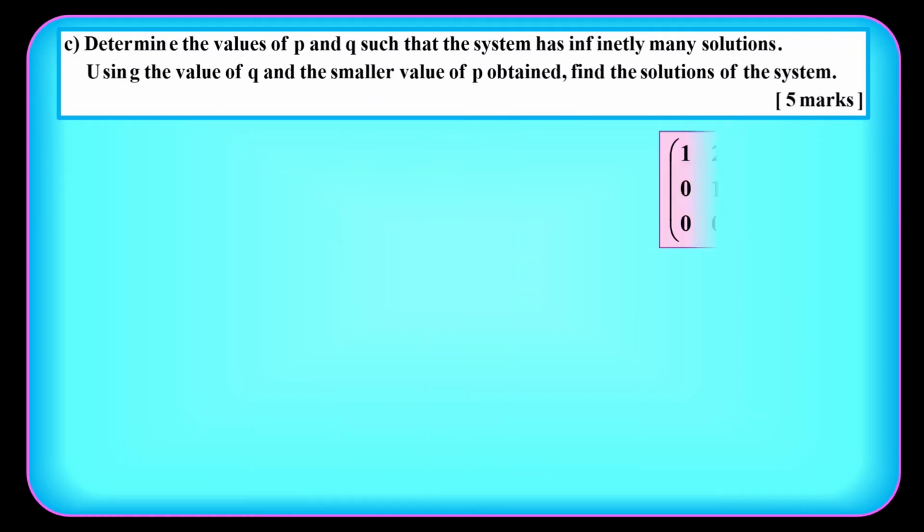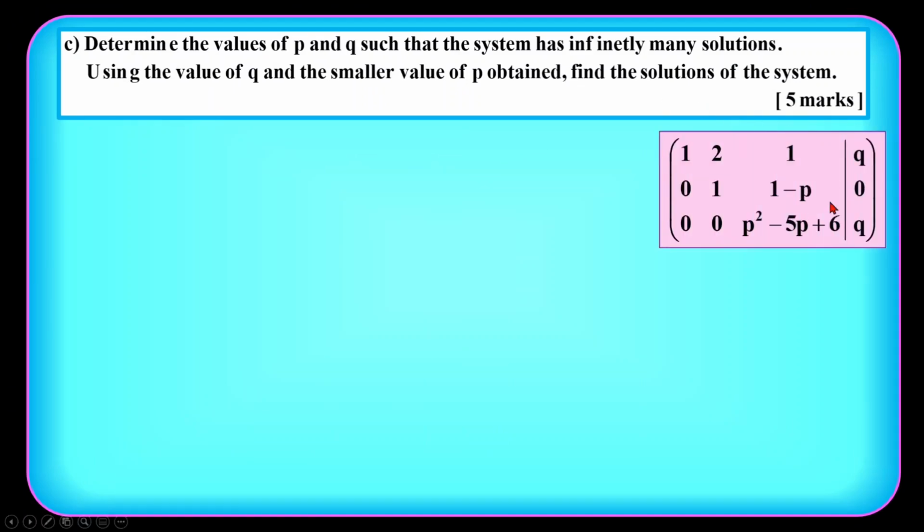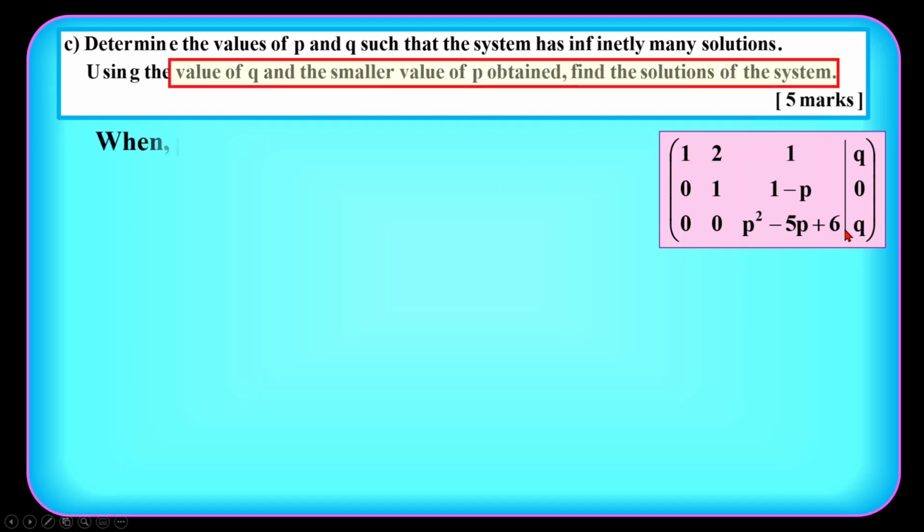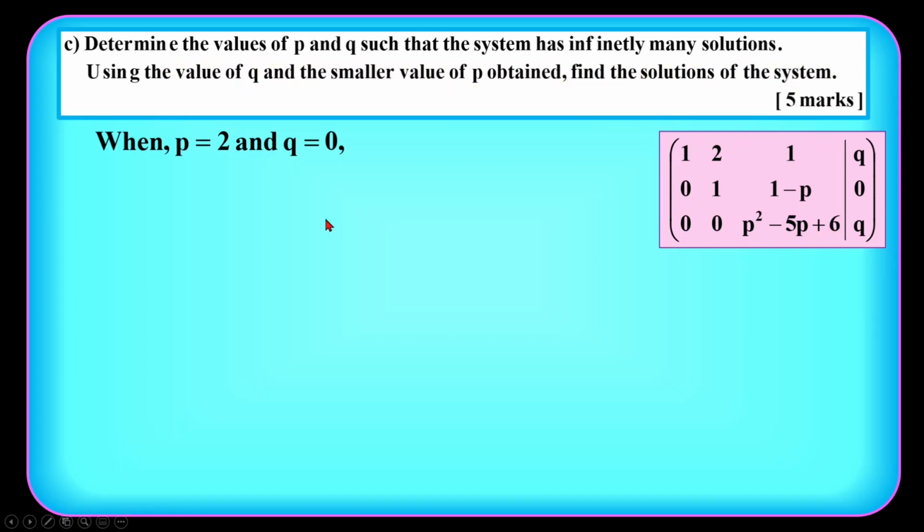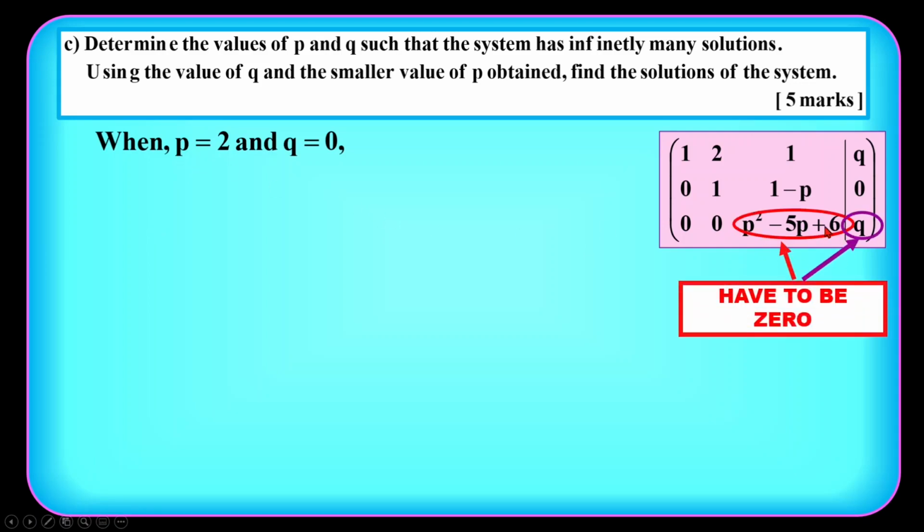Now, for this part, remember these two values here, right? For infinitely many solutions, these two values here have to be 0. And I already chose just now my P equals 2 and my Q equals 0. So I know these two places are 0.